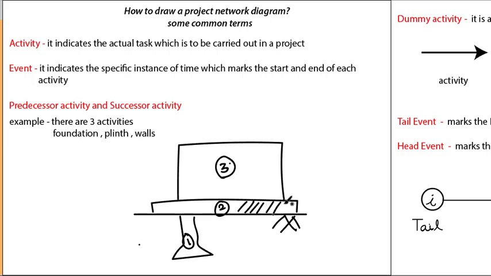The plinth's predecessor activity is putting on the foundation, which comes before, and the plinth's successor activity is the construction of walls. So the predecessor is the activity which comes before, and the successor is the activity which comes after the current activity. That's the meaning of predecessor and successor activity.